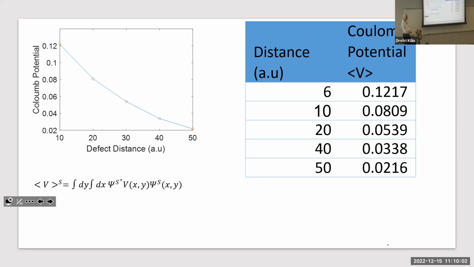It uses our Slater determinant and the Hartree product. And as we can see, as the distance increases, our potential decreases, and between the first two defects, there's a pretty significant potential decrease compared to as the defect distance increases.